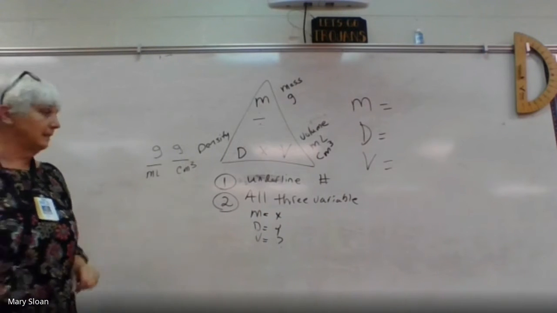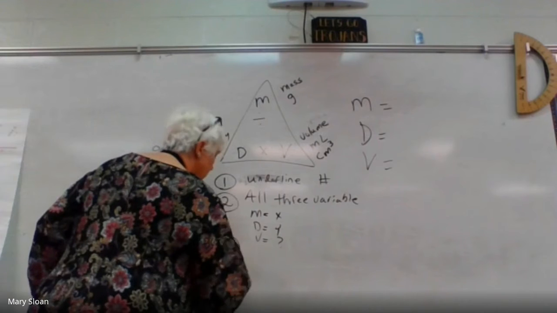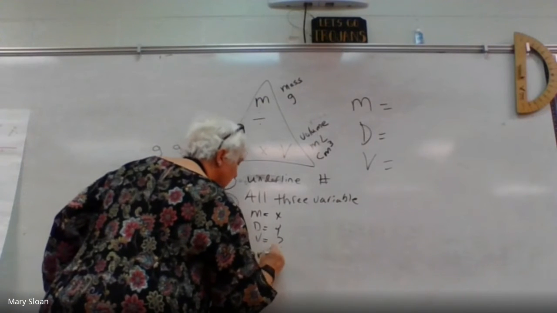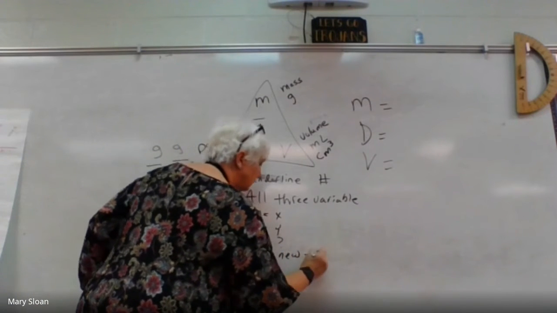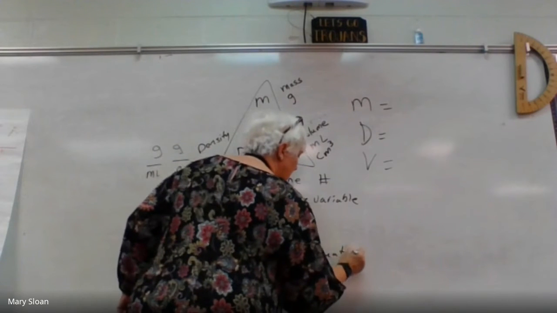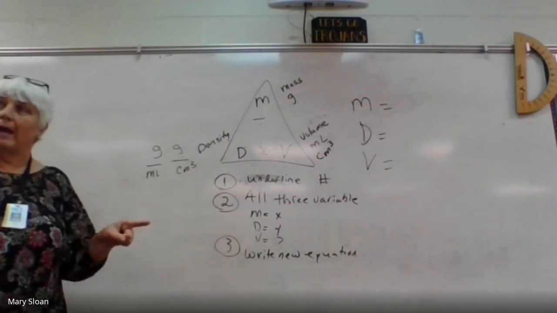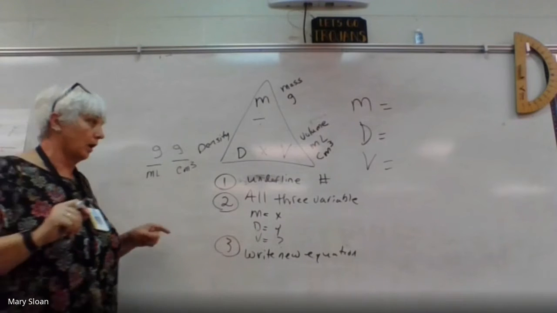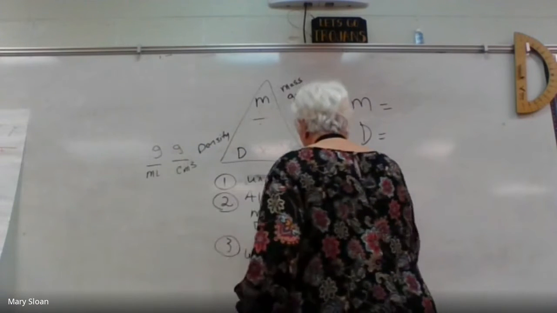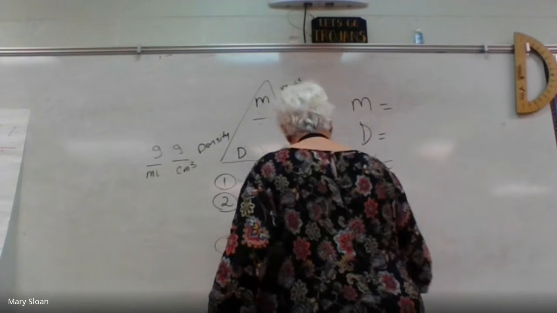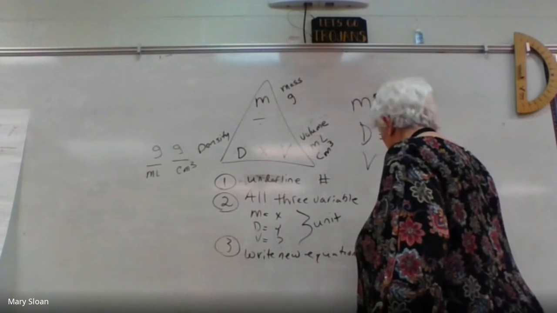Once you do that, number 3 is I want you to write the new equation. After you write the new equation, make sure when you're doing these, here you have units. Here you have units.